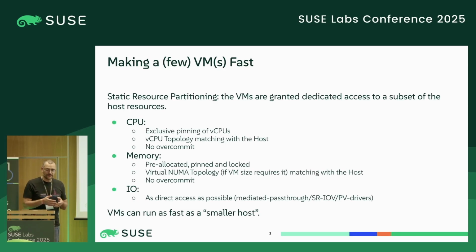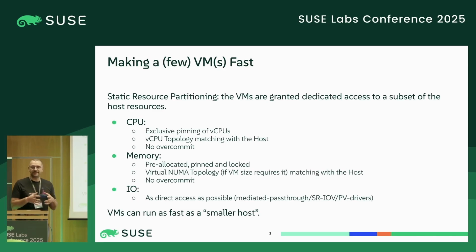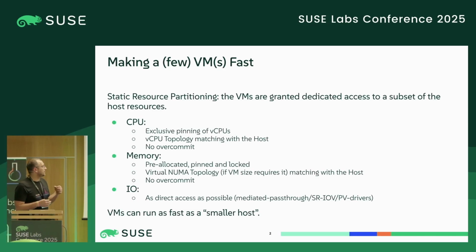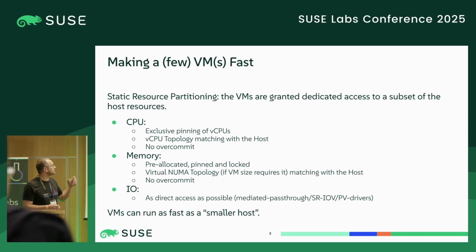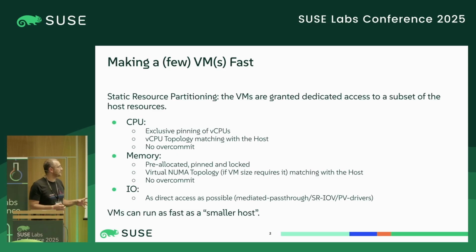And one very effective way of getting to that point is, let's say statically for now, partitioning the host and then statically assigning host resources to the VM. This makes the VM run fast for a bunch of reasons, but also removes some of the bonus points of virtualization, like flexibility and stuff like that.